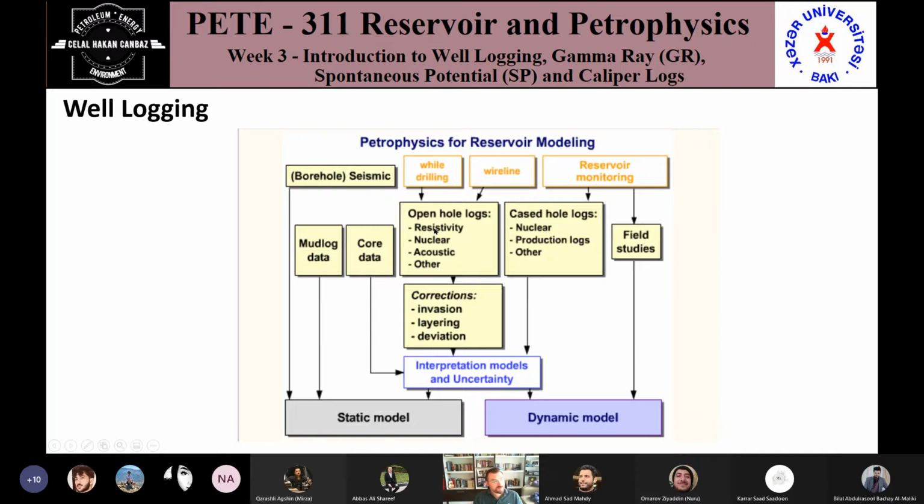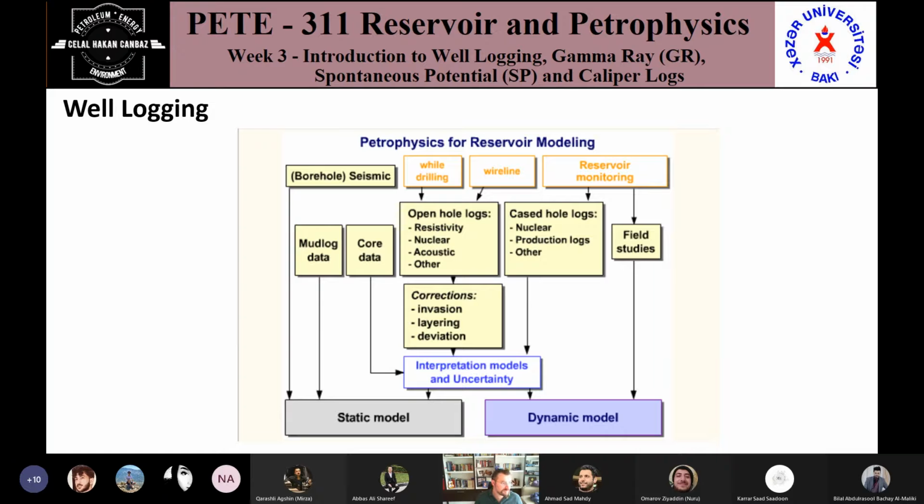So when you get these open hole logs, you make some corrections like invasion, layering, deviation. These types of corrections need to be done. Why? Because the area around the wellbore will be invaded by some mud, your drilling mud. So you have to eliminate it to get the real information regarding your reservoir.